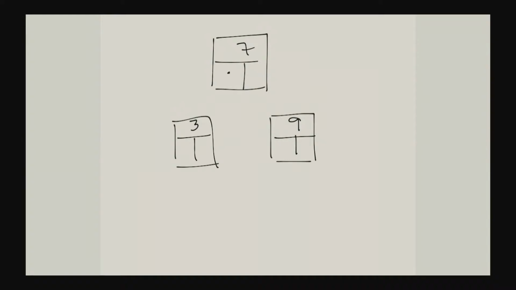And I'm going to set the left child pointer of 7 to point to the node containing 3, and the right child pointer of the node containing 7 to the node containing 9. So now, since 3 and 9 don't have any children, we're going to set all of their child pointers to be null.